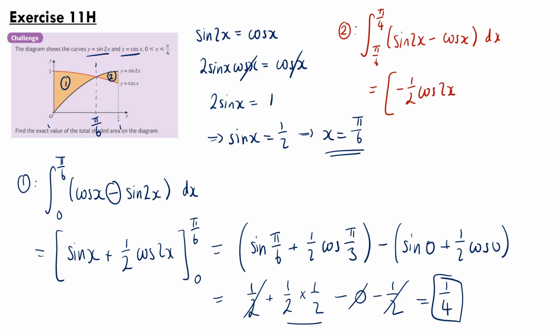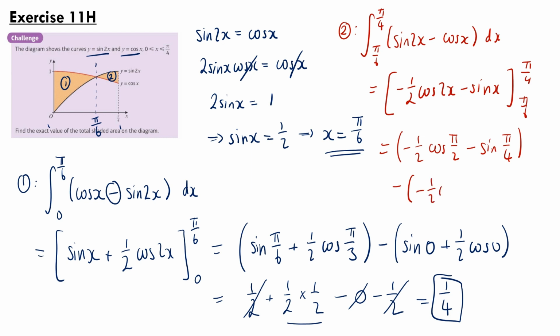And the minus cos of x is going to integrate to minus sine x. Between pi over 6 and pi over 4. Okay, and that gives us a half cos of pi over 2 minus sine of pi over 4. And then we're going to take away, substituting pi over 6 in, minus a half cos of pi over 3 minus sine of pi over 6.